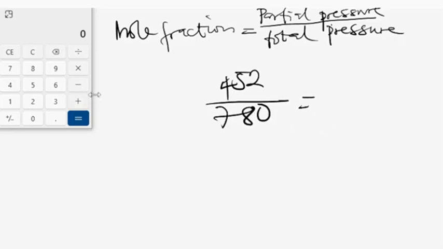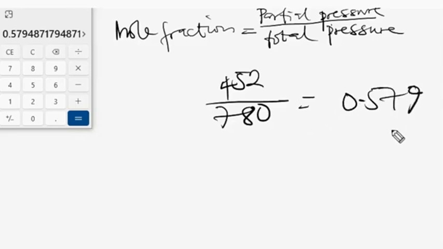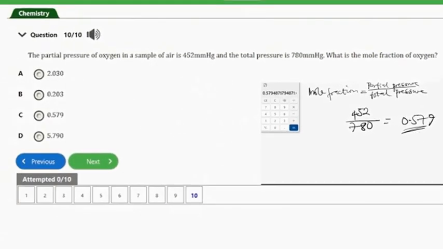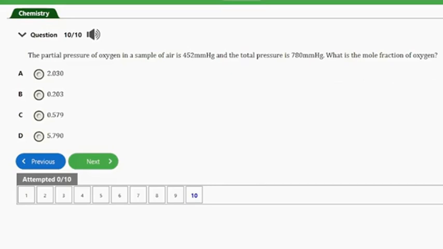So guys, with this, 452 over 780 will be 0.5794 and so on, and that's approximately 0.579. So guys, that's the answer to this question, and over here it's option C. And guys, let's go ahead and wipe this.